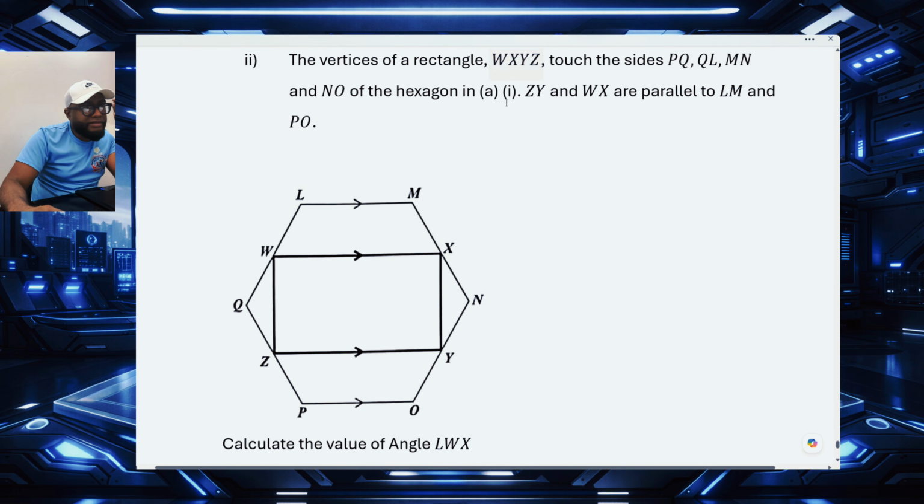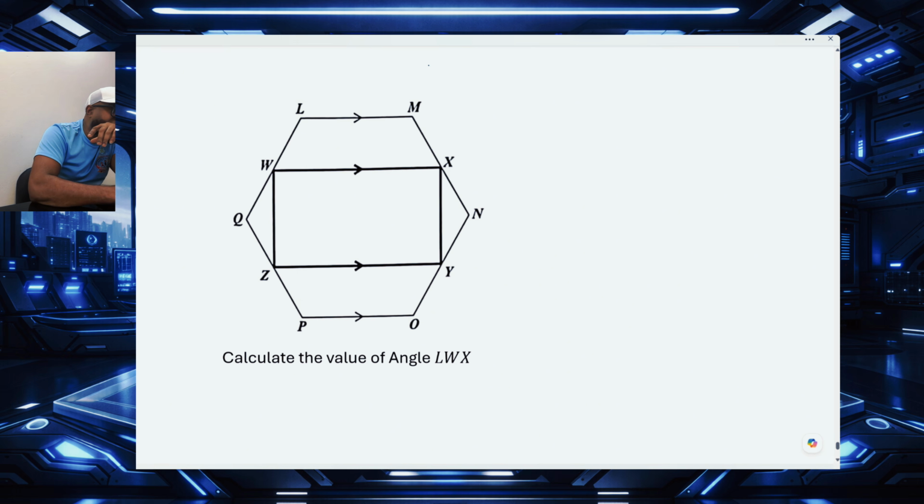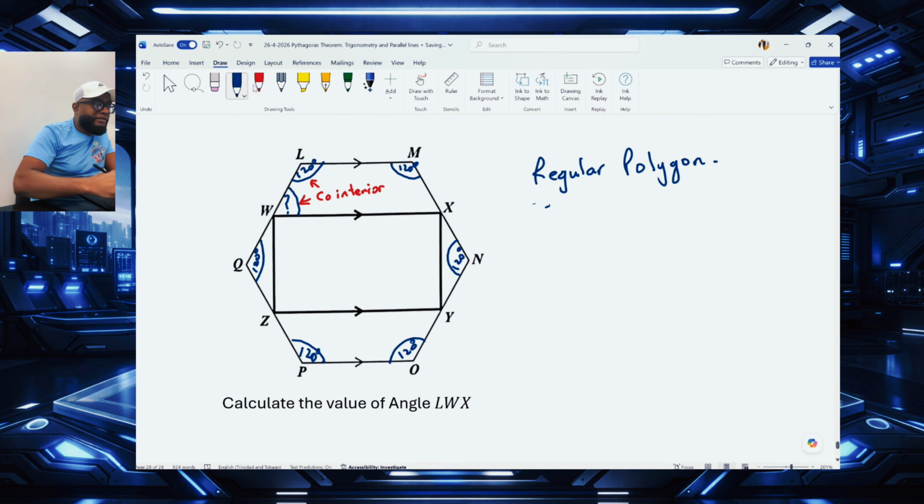They said ZY and WX are parallel to LM and PO. So all these lines are parallel. Calculate the value of angle LWX. L to W to X will be this right here. How easy is that? Let me see who could figure this out.